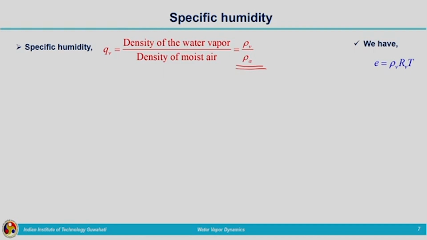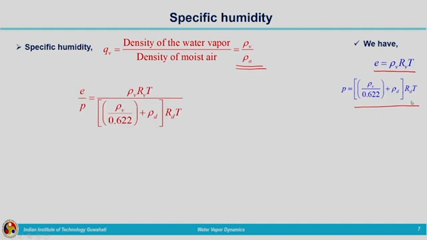Our next step is to get an expression for Qv. We have vapor pressure E is equal to rho V Rv T and the total pressure P is equal to rho V divided by 0.622 plus rho D, times Rd T. Now we find the ratio of E and P: E by P is equal to rho V Rv T divided by rho V divided by 0.622 plus rho D, times Rd T. We substitute Rv is equal to Rd divided by 0.622.